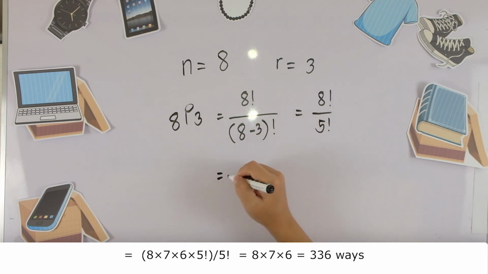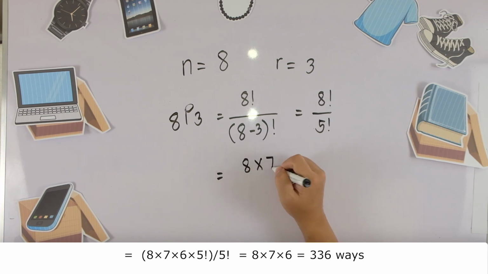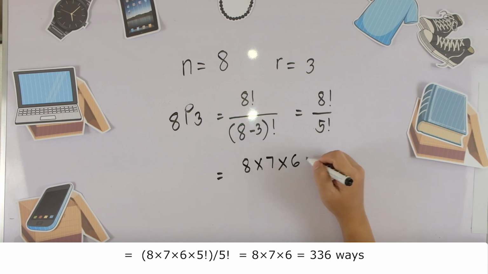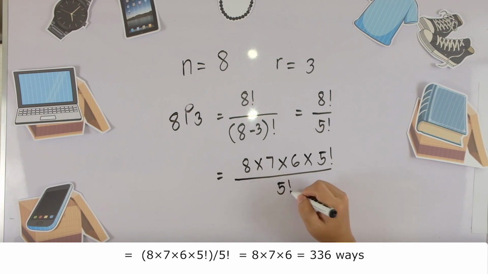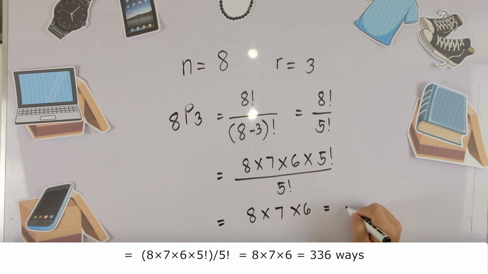That will be equal to 8 times 7 times 6 times 5 factorial divided by 5 factorial, which is equal to 8 times 7 times 6, and that is equal to 336.